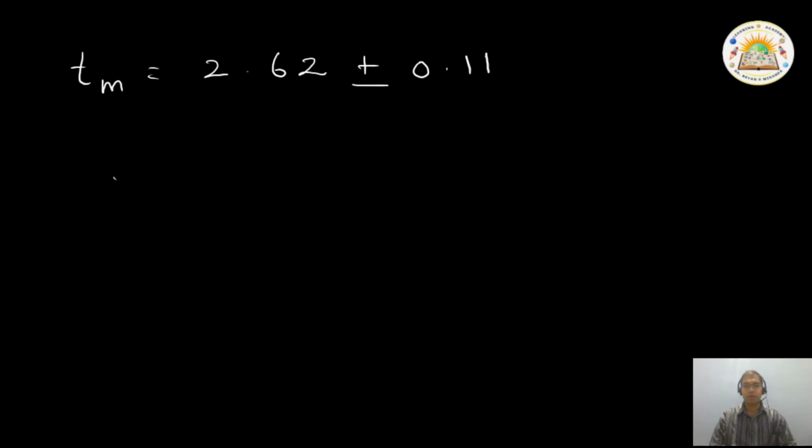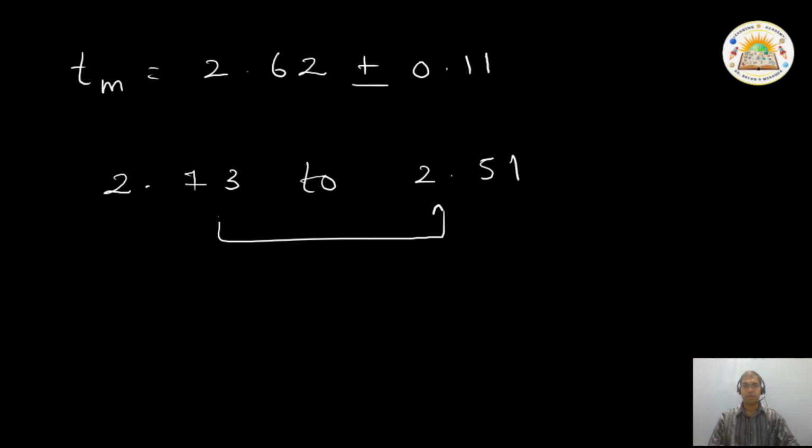That means the value that I have can range from 2.73 to 2.51. So this is the range in which the measurement can happen. Now how did I get this? It was nothing but 2.62 plus 0.11 and 2.62 minus 0.11.